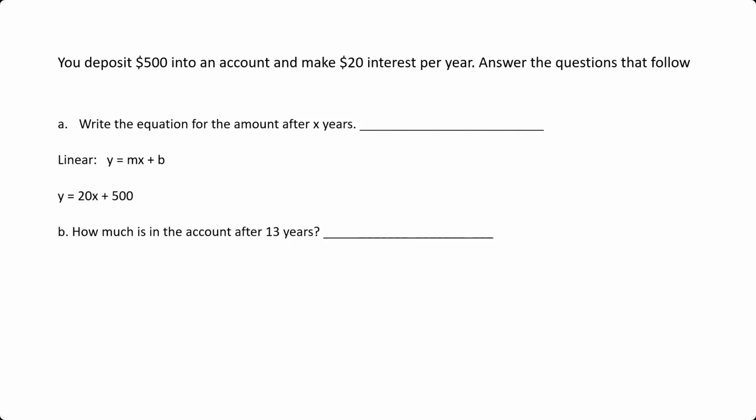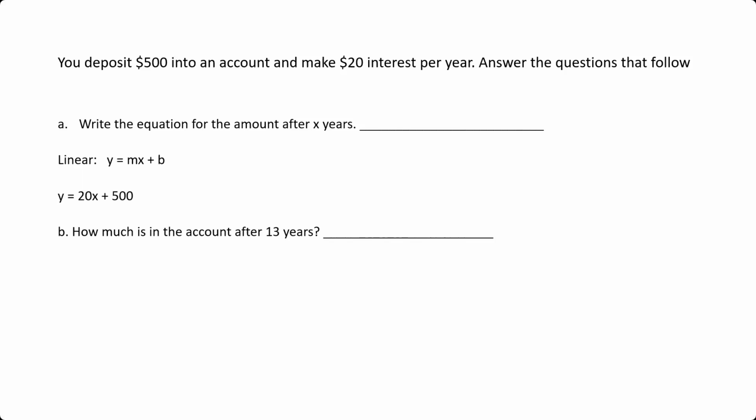How much is in the account after 13 years? So if we want to know how much is in the account after 13 years, do we plug 13 in for x or y? Well, think back here, this is $20 per year, which means X is years. So when you're not sure, go back and look.